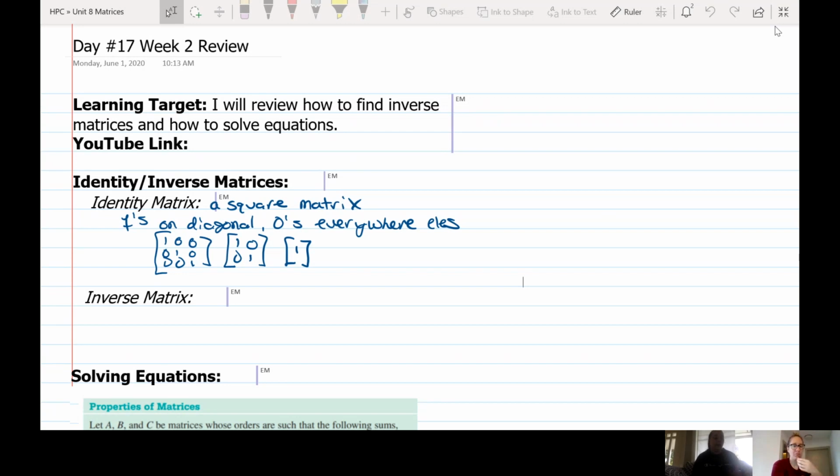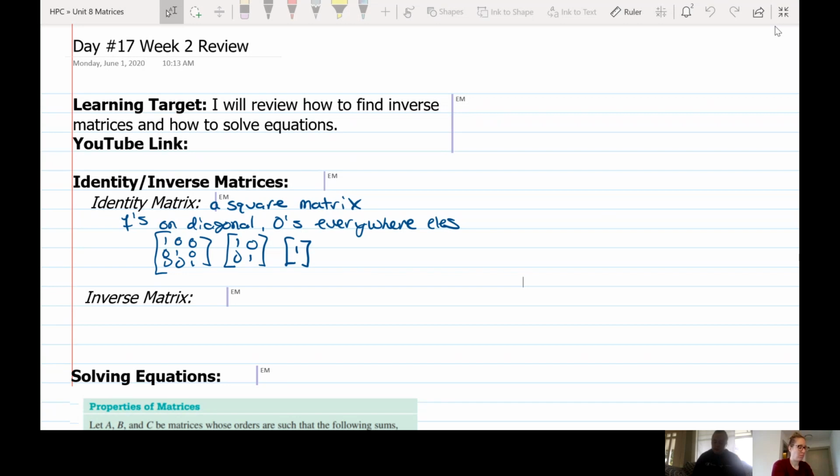Remember that this acts like one when we are solving equations, and it's useful when we're checking for inverse matrices.